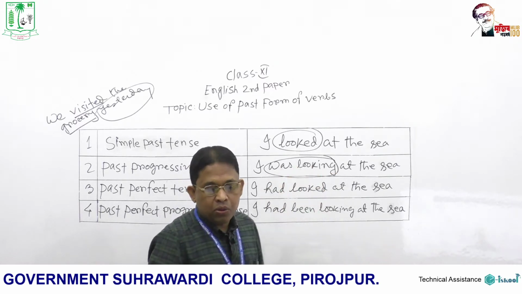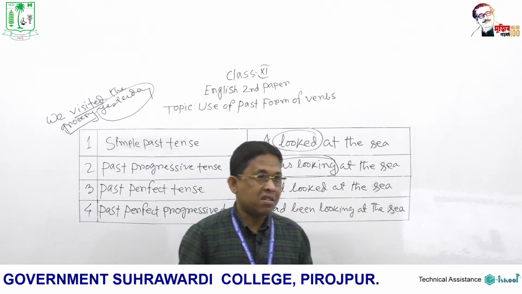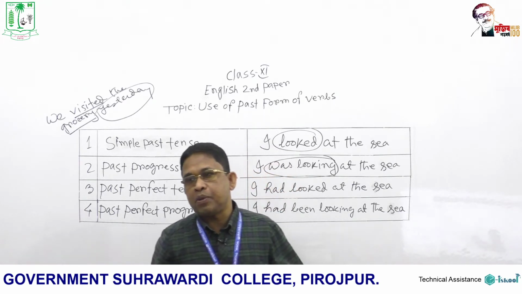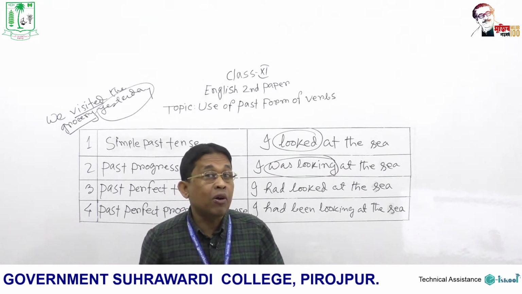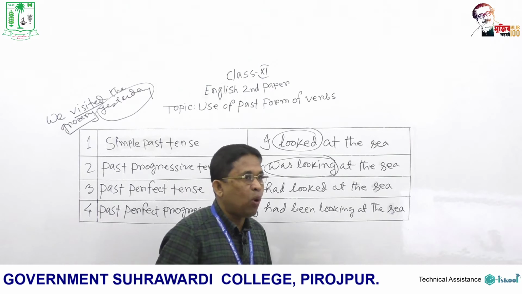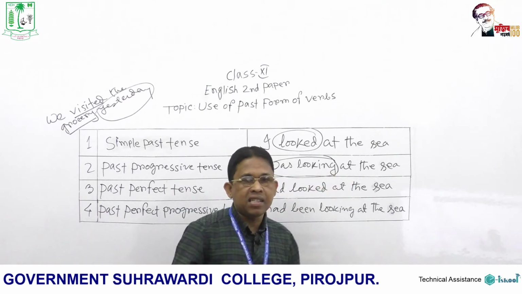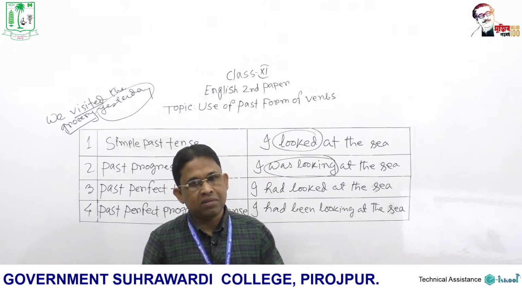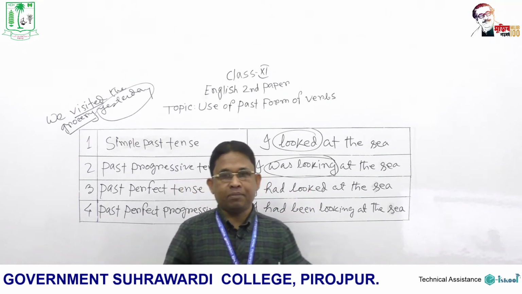What does it do? It indicates some ongoing action of the past. So, past progressive tense refers to some ongoing action of the past. I was looking at the sea, that is, it was going on, an ongoing action, but not for a long time.